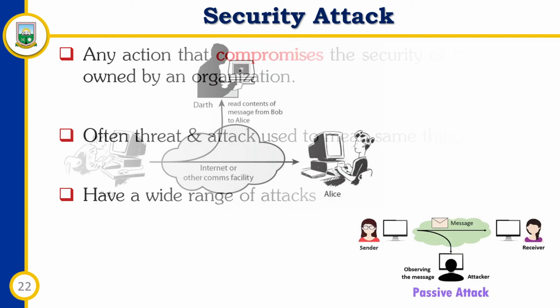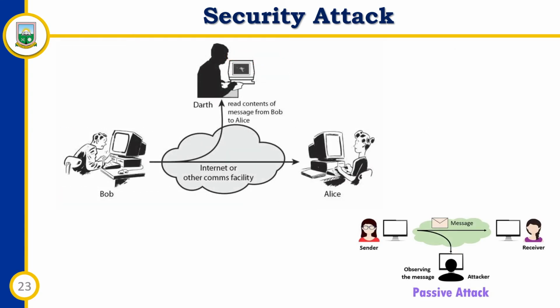When we talk about passive attack, what do we really mean? Let's look at the diagram as you see. Passive attacks are the attacks where the attacker indulges in unauthorized eavesdropping.